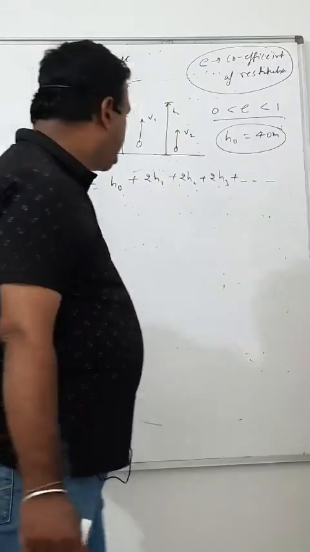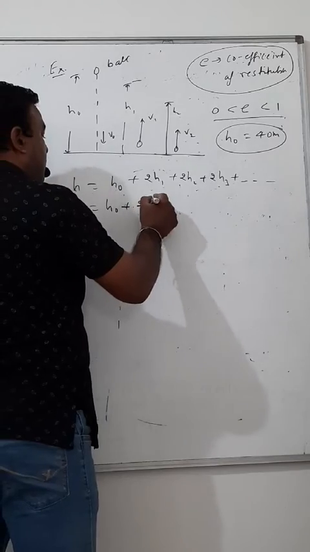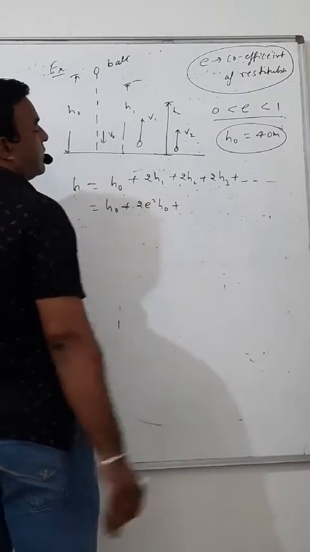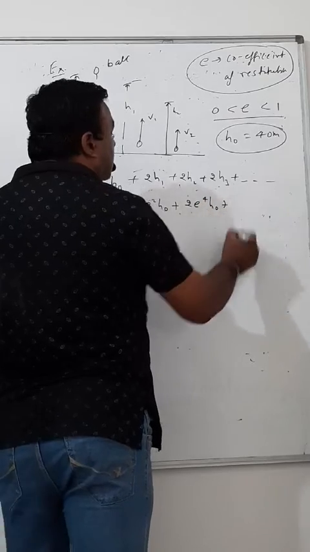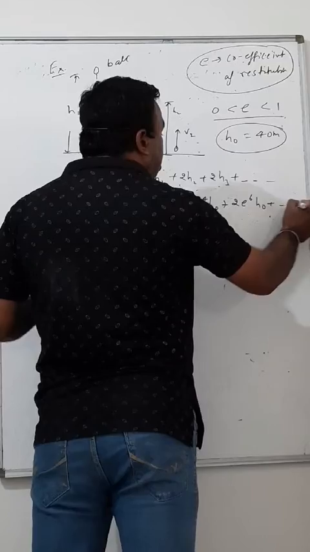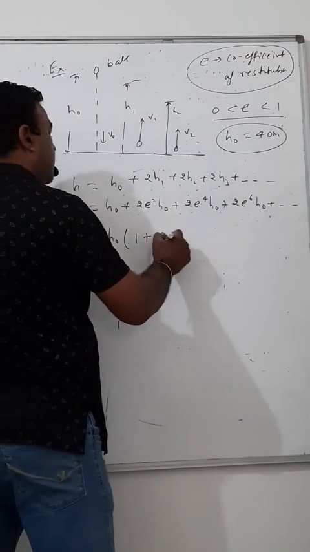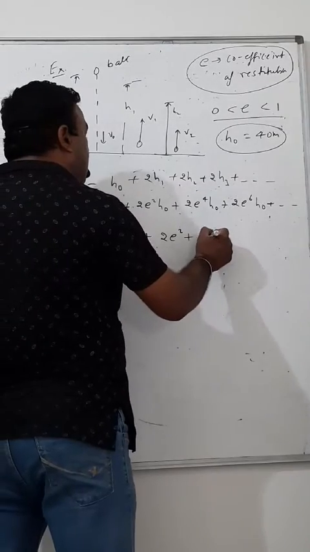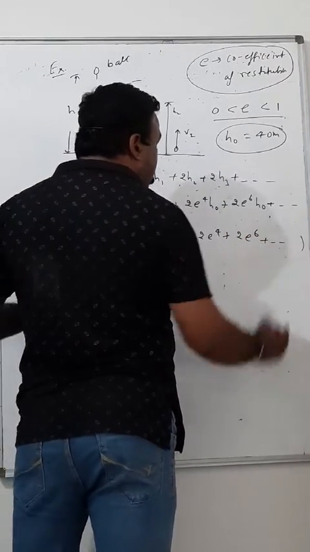We write here H0 plus 2e square H0, here 2e4 H0, here 2e6 H0 and so on. I take H0 common: 1 plus 2e square plus 2e4, 2e6.